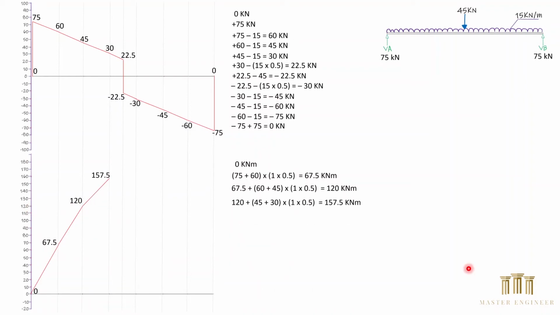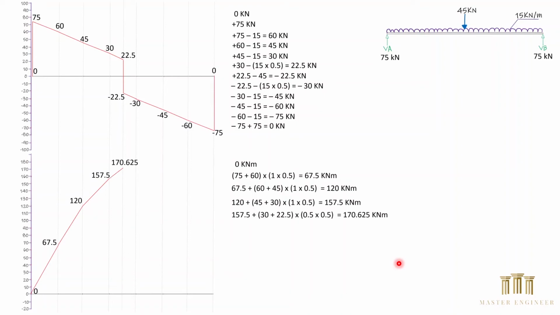The next point will be 157.5, because we have the 120 plus 45 plus 30 multiplied by the distance multiplied by half of the distance, equals 157.5 kilonewton meter.